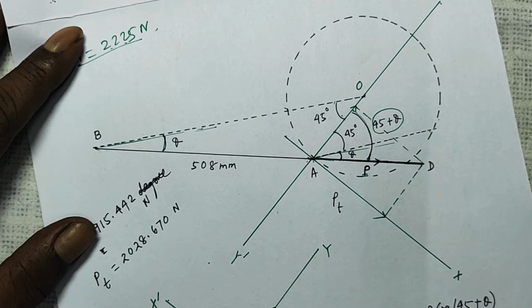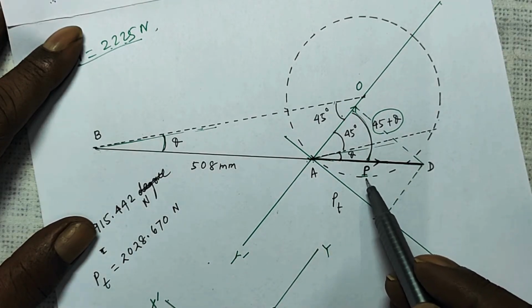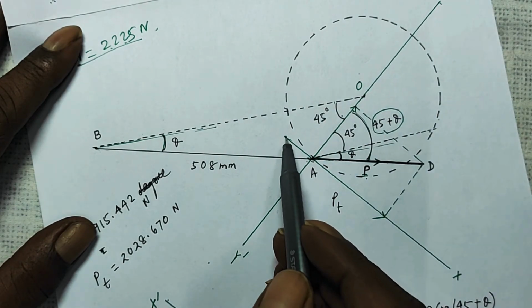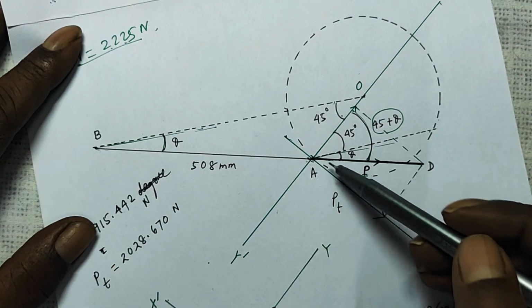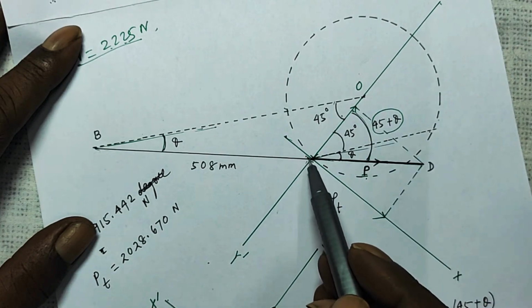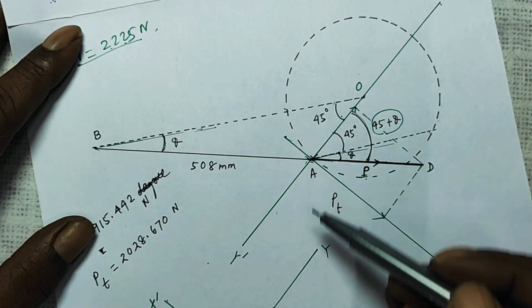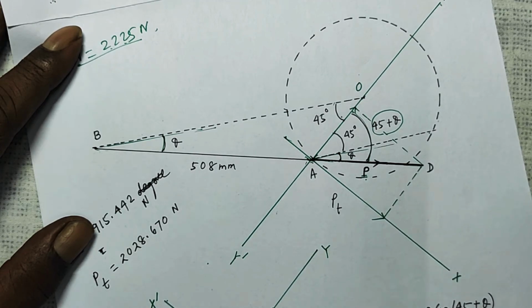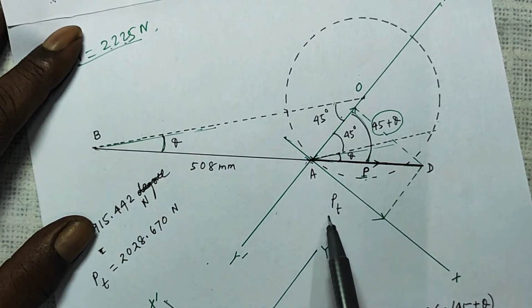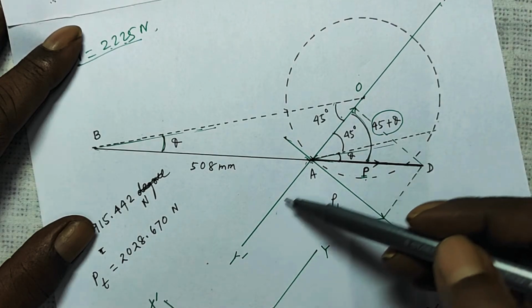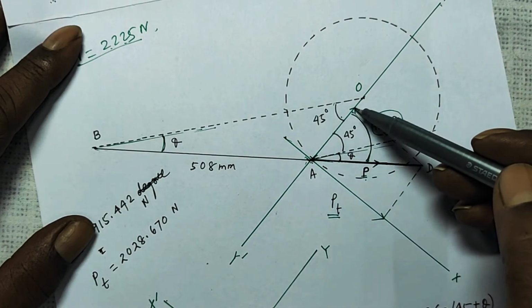Since I have to find the components of this force P along the radius and along the tangent, and these two components have to be rectangular, meaning the angle between them is 90 degrees, at this point I draw the x-axis and y-axis such that the x-axis is along the tangential component and the y-axis is along the radial component.